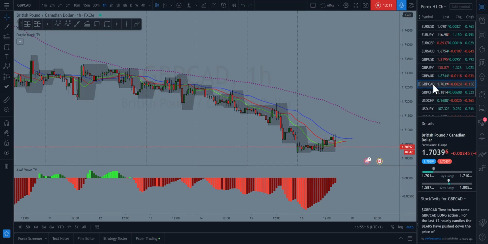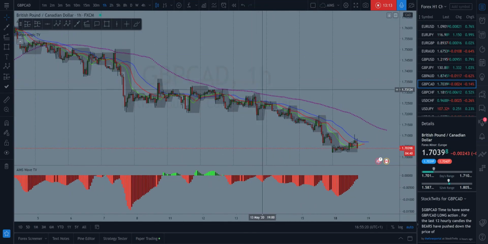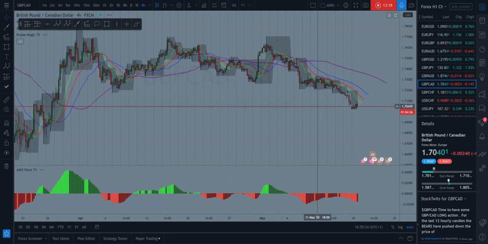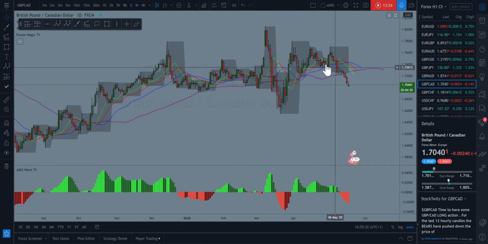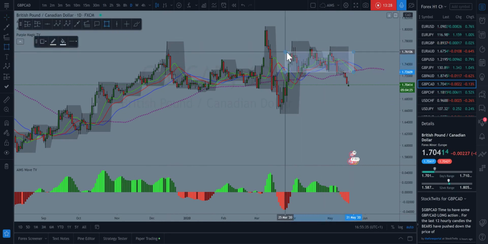So the pound CAD has created, let's go to the 4-hour chart. Actually, let's go to the daily chart. So it's broken out of this range, and now any pullback on this would create a beautiful setup on the 4-hour chart.